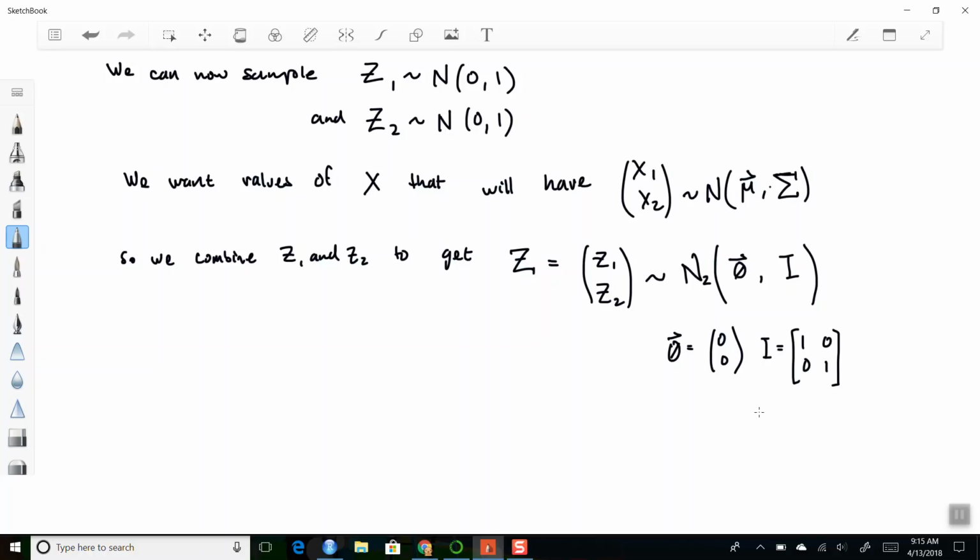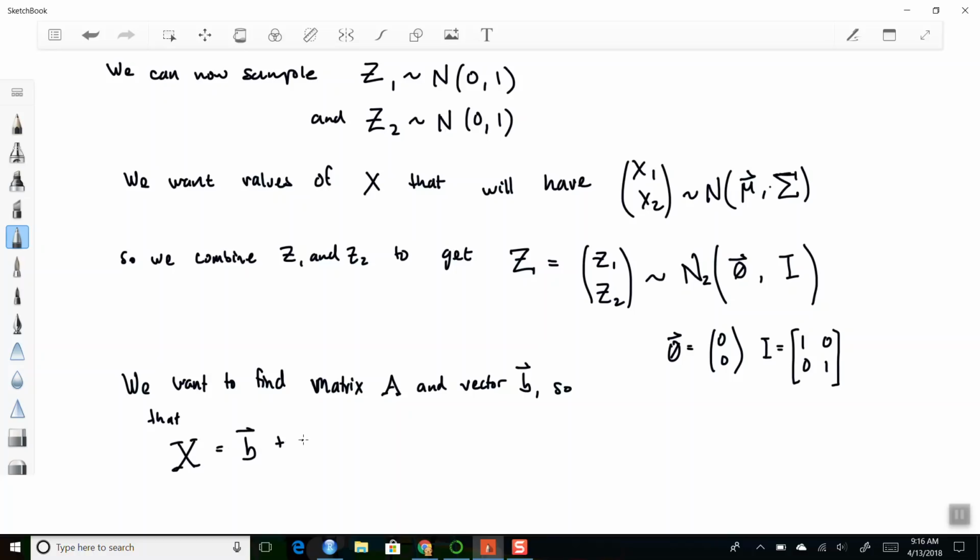And so what we want to do is find a matrix A and vector B, so that X can be defined as our B vector plus our A matrix times Z, and that this thing will then come from the desired distribution.